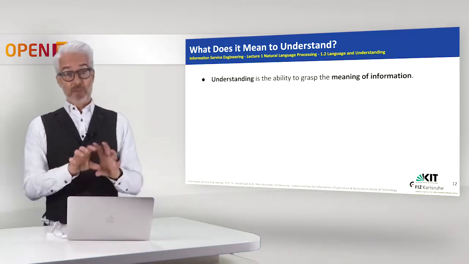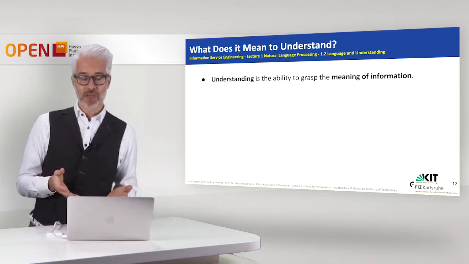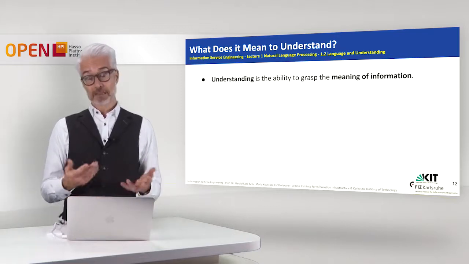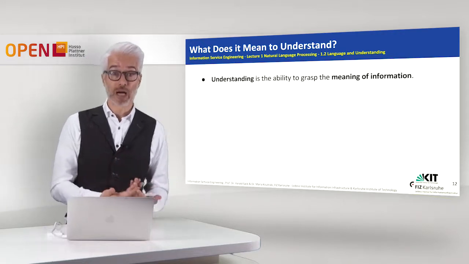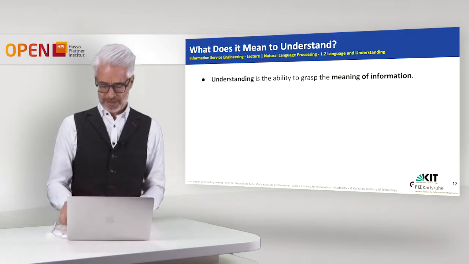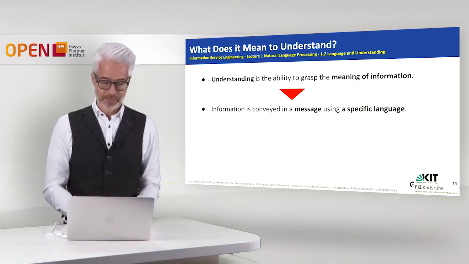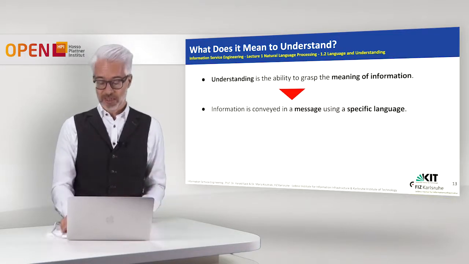Okay, now we have information, and the question is, what does it mean to understand information? In our own words, understanding is the ability to grasp the meaning of information. But of course we have to define this in a more formal way. We know that information is conveyed in a message using a specific language.